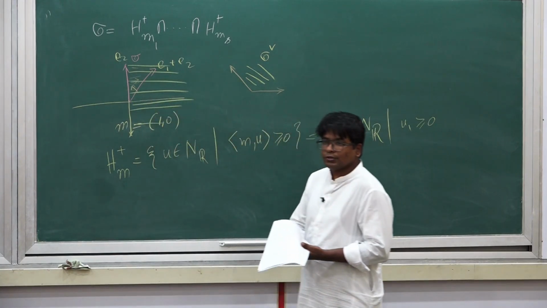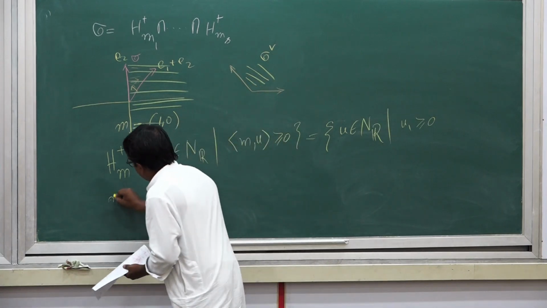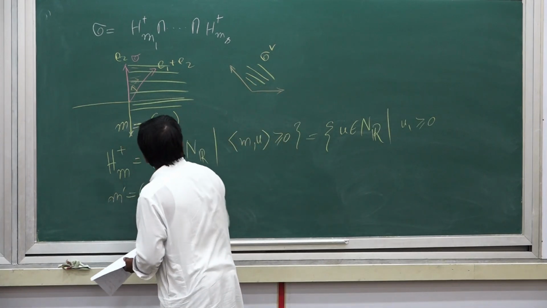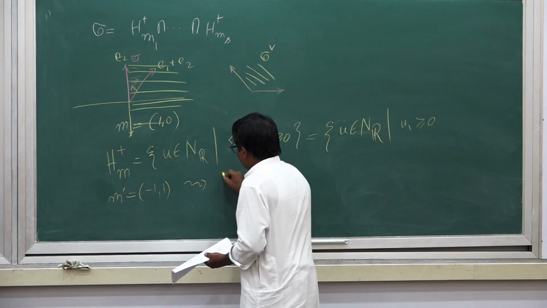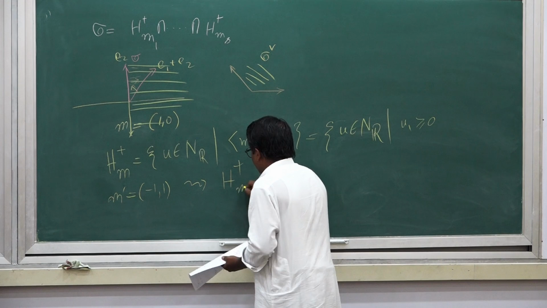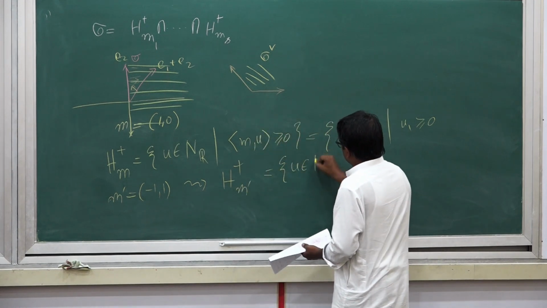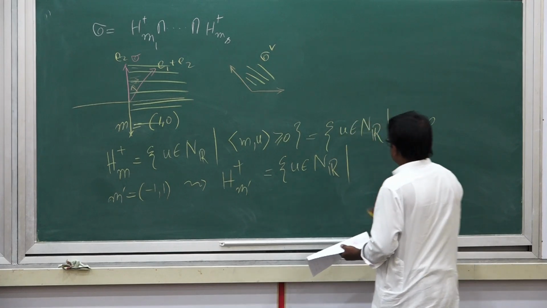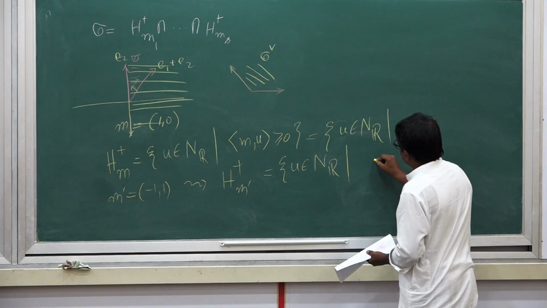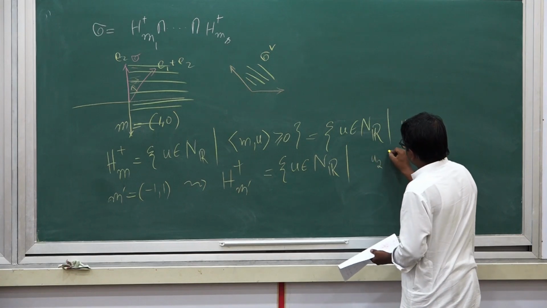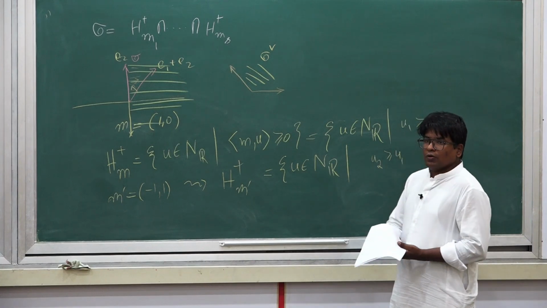this portion. Okay. And now if I take m prime to be (-1,1), that will give me another half space H_{m'}^+, which is all u belonging to N_R such that -u1 plus u2 is greater than or equal to 0, that is, u2 is greater than or equal to u1. Okay.